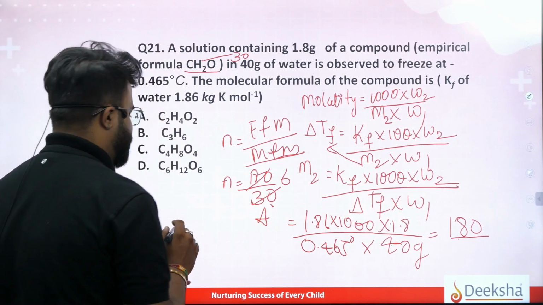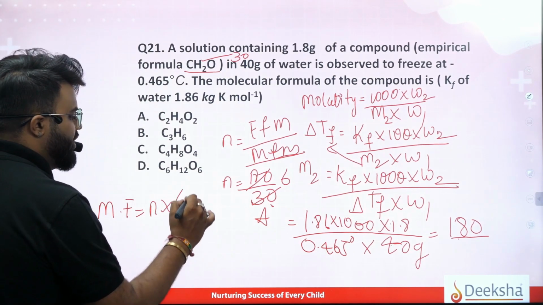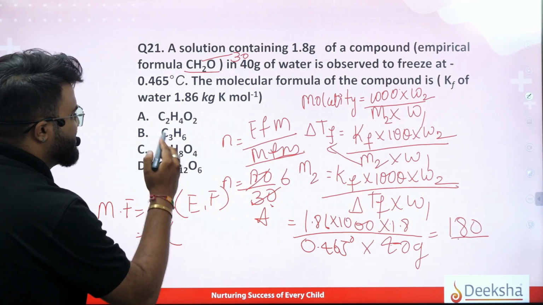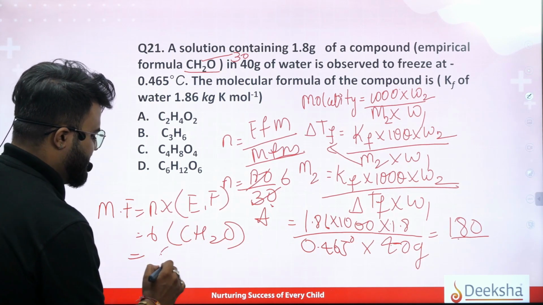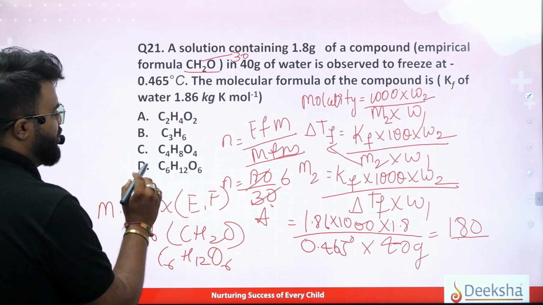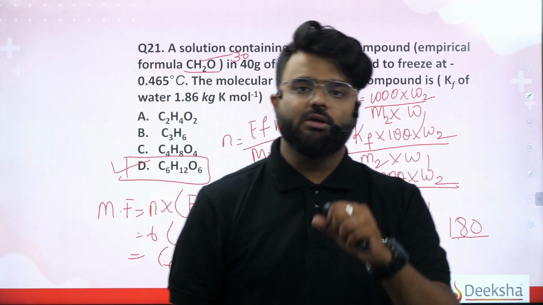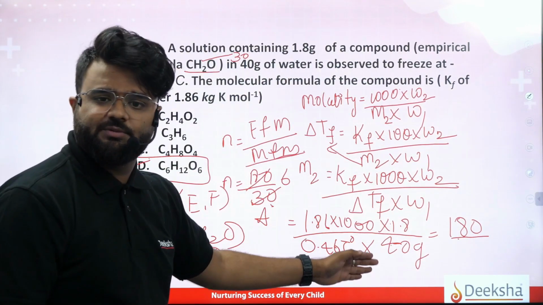N is equal to 6. So molecular formula is N into empirical formula, 6 into CH2O. That is C6, 6 twos are 12, H12O6. We have C6H12O6, so the correct option is D. Did you understand how we substituted?